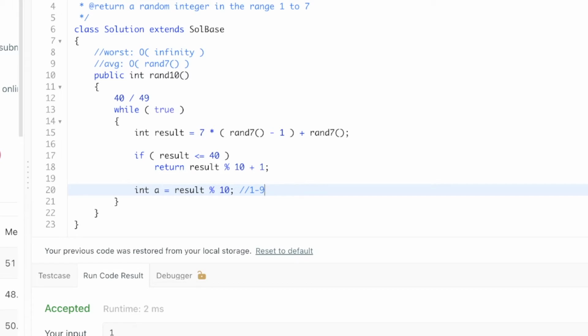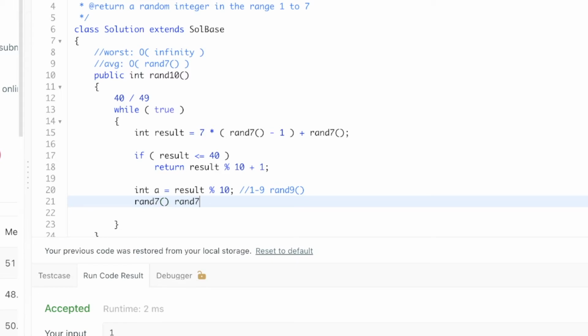Okay, so what we essentially have here is Rand9, right? So what we have here is Rand9, and with Rand9 alone we don't have enough, so we could do what we did before. We did 2 calls to Rand7 before, right? We did Rand7 and Rand7, and this gave us 49 possibilities. Well, now we can do Rand9 and Rand7.